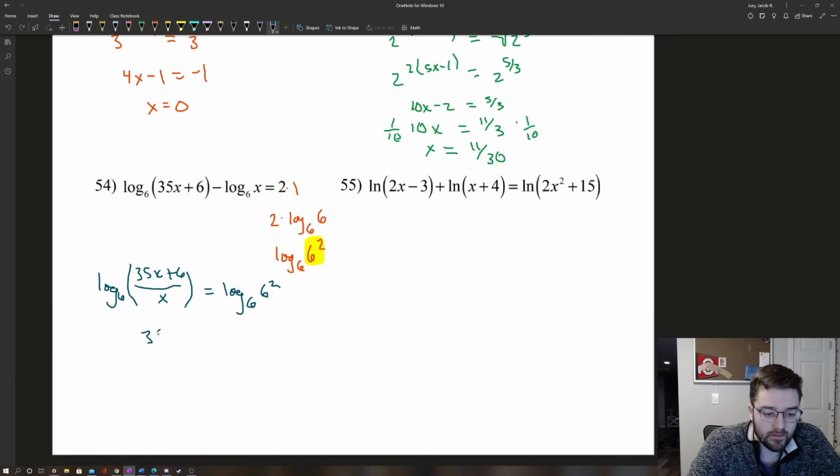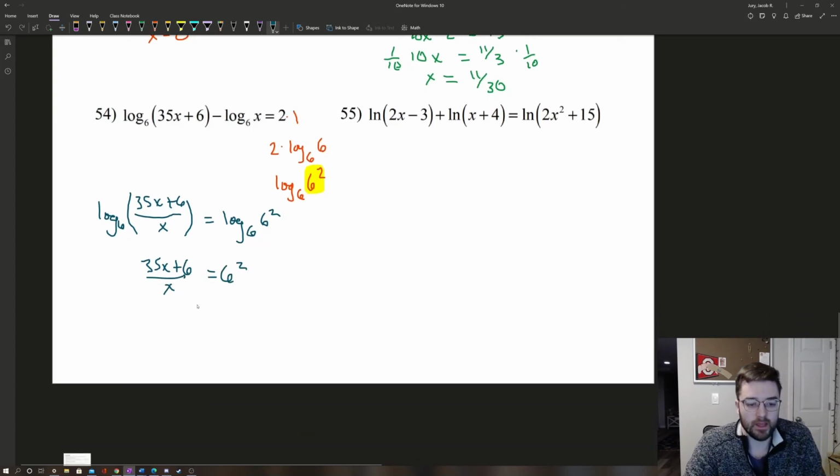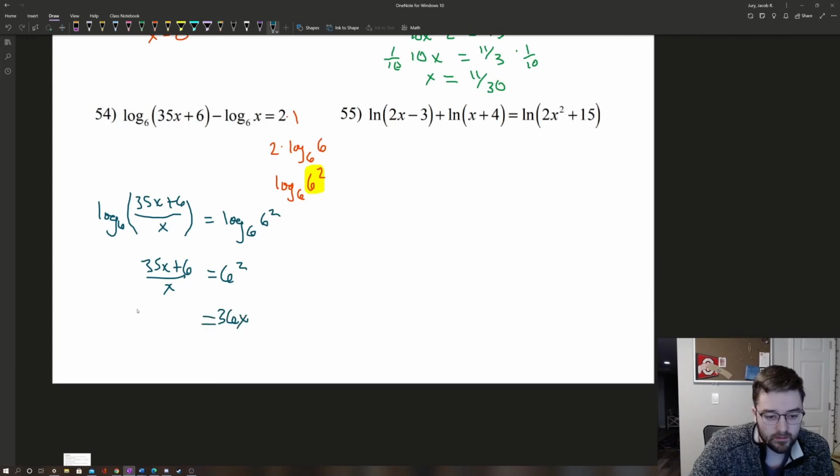Now I can set 35x plus 6 over x equal to 6 squared. Great. This is much better. So 36x is going to equal 35x plus 6. And if I subtract 35x from this side, then I'm going to have x. Yay. So that one started off a little tricky, but really the one-to-one property is pretty easy for that, and applying that.